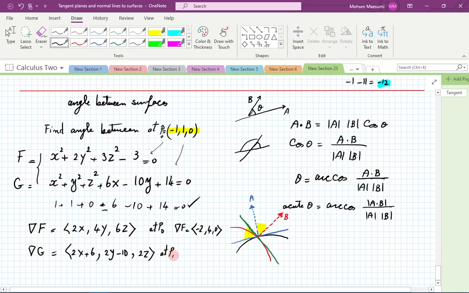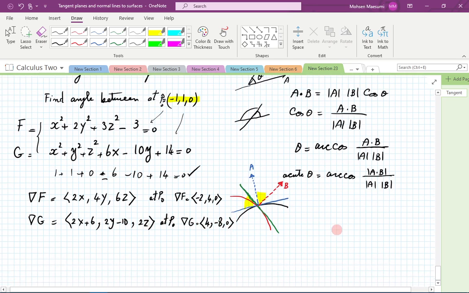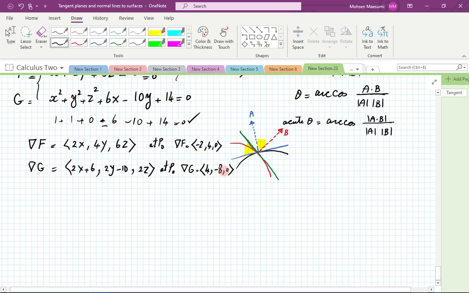At P0, again, I'm hunting for this other vector. My gradient of G becomes, let's put in the numbers: x is -1, and I put it here, I get a 4. And y is 1, so that makes it -8. And z is still 0. So I have two vectors.